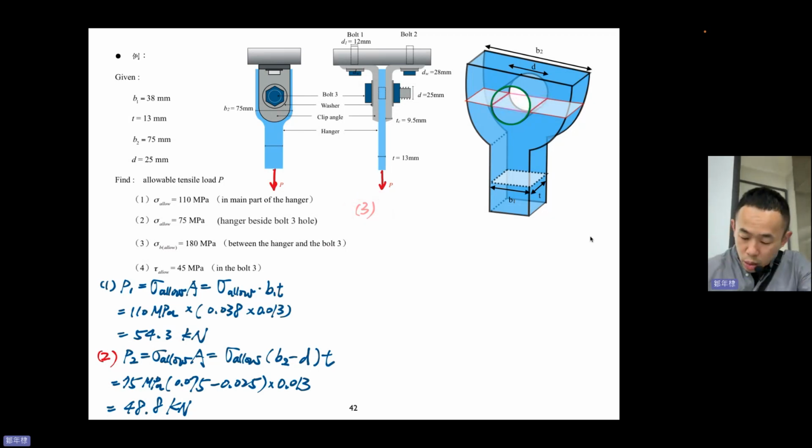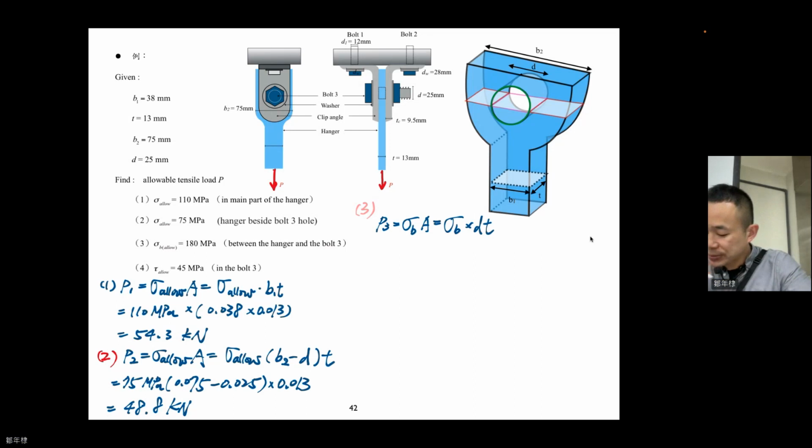Okay, so again, P3 equals sigma B times A, equal to sigma B times D T. Okay, D is the diameter, T is the thickness.